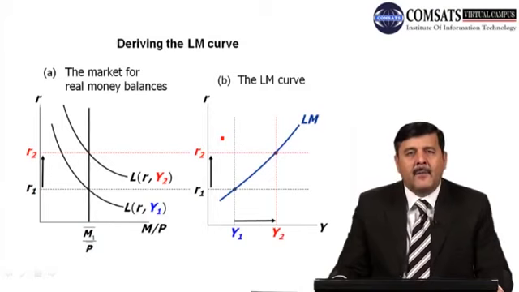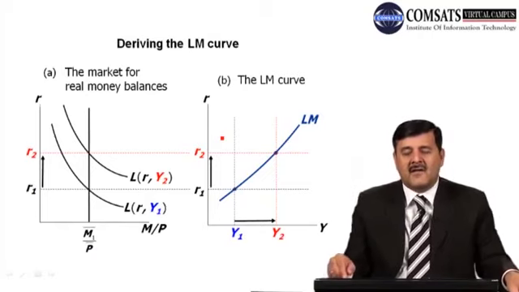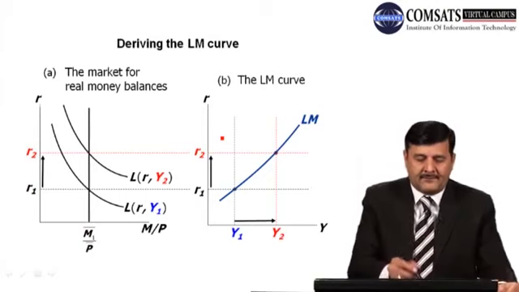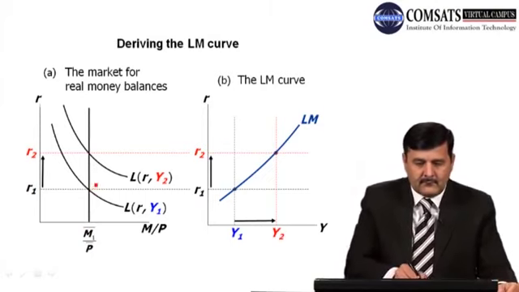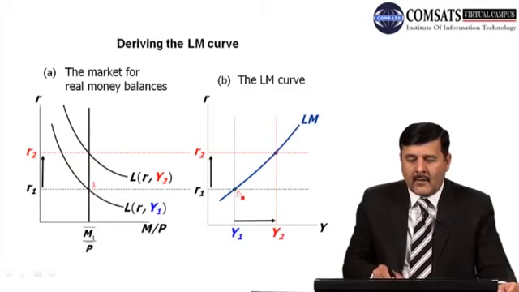As I told you, money supply is fixed, so we have a vertical money supply curve, and we have a negatively sloped money demand curve. Now these two curves intersect each other at a point A.